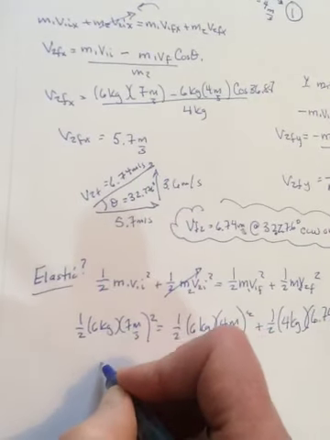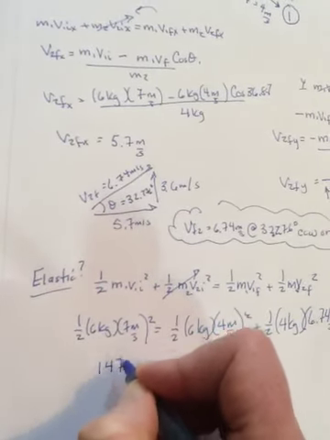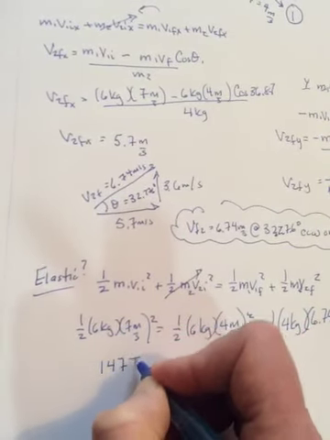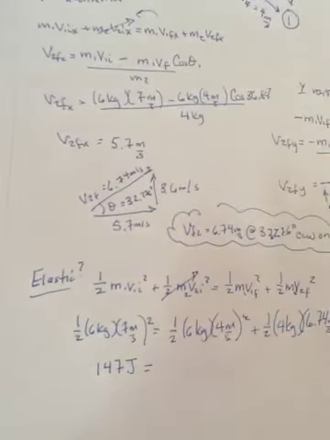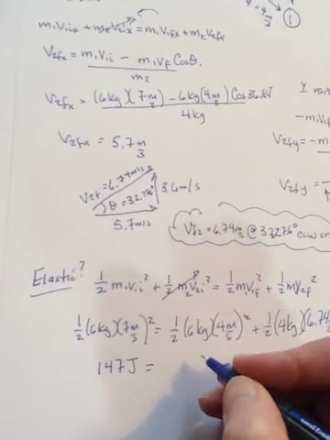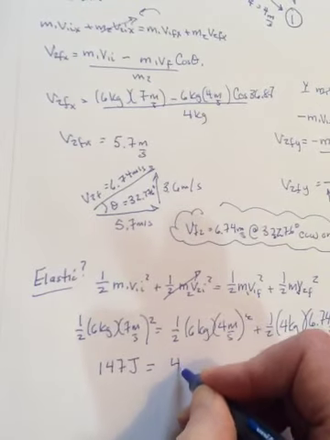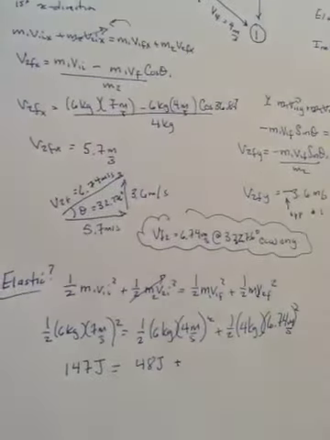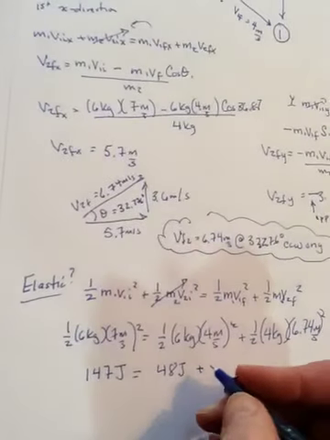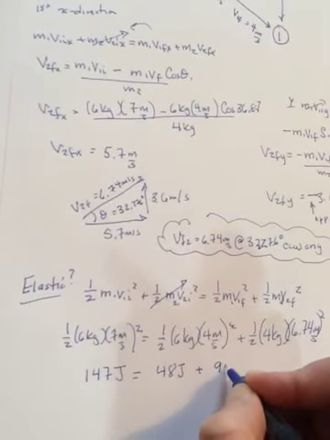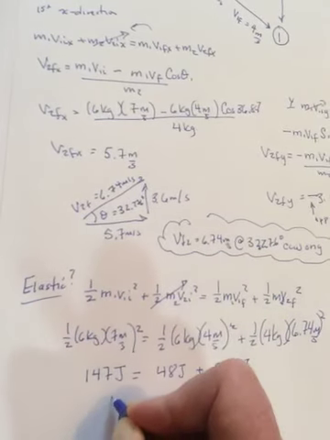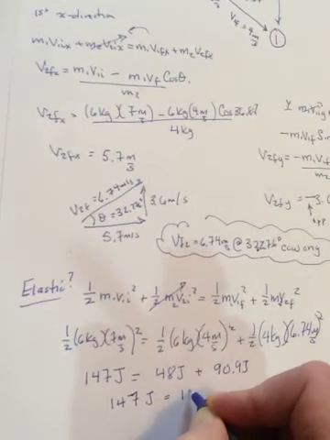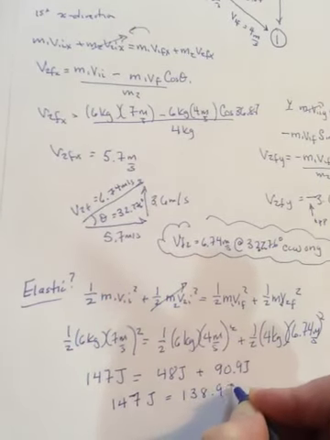49 times 3 is 147 kilogram meter squared per second squared, which is a Newton meter or a joule. Remember, energy is measured in joules. 16 times 3 is 48 joules, and for the 6.74 term, I'm going to cheat on that one, it's 90.9 joules. So we have 147 joules initially, and we have 138.9 joules finally.